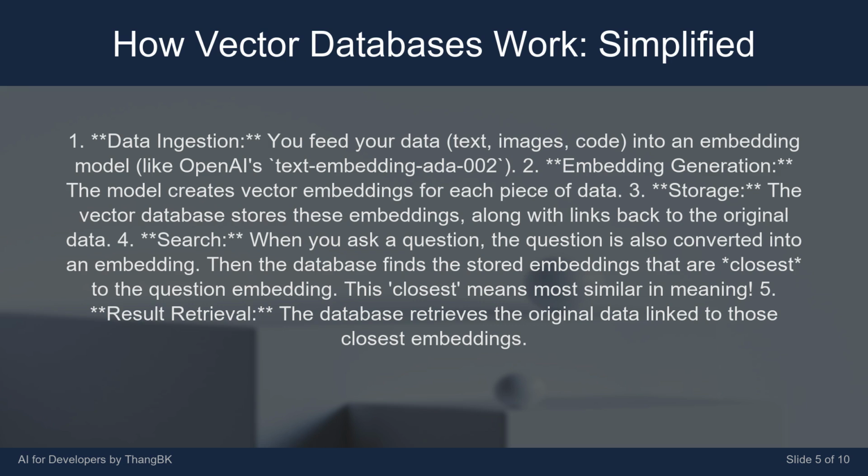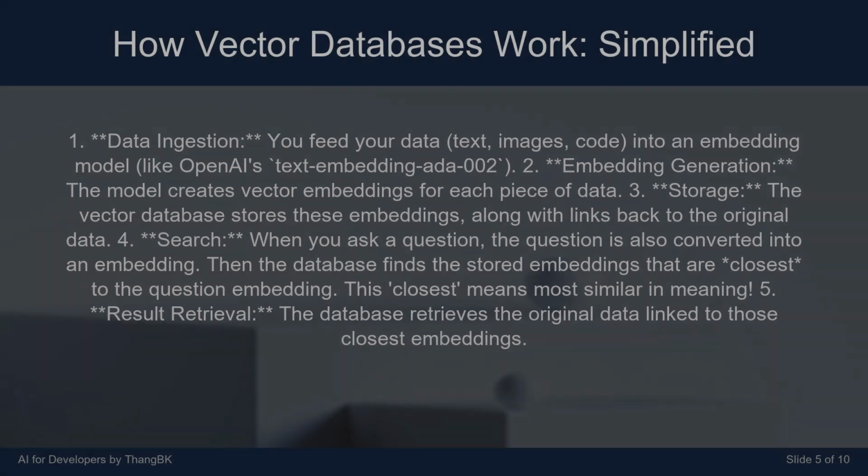Search. When you ask a question, the question is also converted into an embedding. Then the database finds the stored embeddings that are closest to the question embedding. This closest means most similar in meaning. 5. Result retrieval. The database retrieves the original data linked to those closest embeddings.